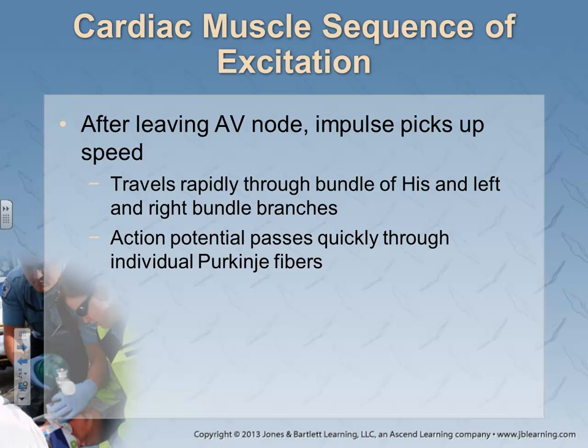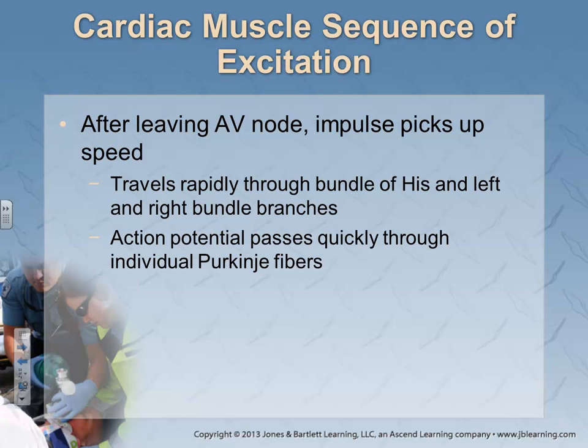Once it gets to the AV node, it hits the bundle of His and goes out to the left and right what? Bundle branches, which then bifurcate into what? The Purkinje fibers, right? So we are creating an action potential in the SA node, and through the process of conductivity and contractility, we're propagating this action potential all the way down.